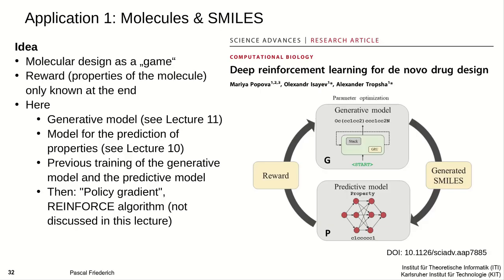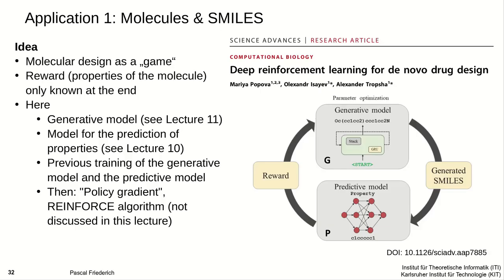In this case, they're combining a lot of stuff, which I really like in this paper, that we learned in this lecture here. So first of all, they use a generative model, see, for example, in lecture 11, to define the actions that should be taken. And then they use a machine learning model for the prediction of the properties, and that's something we learned in lecture 10.